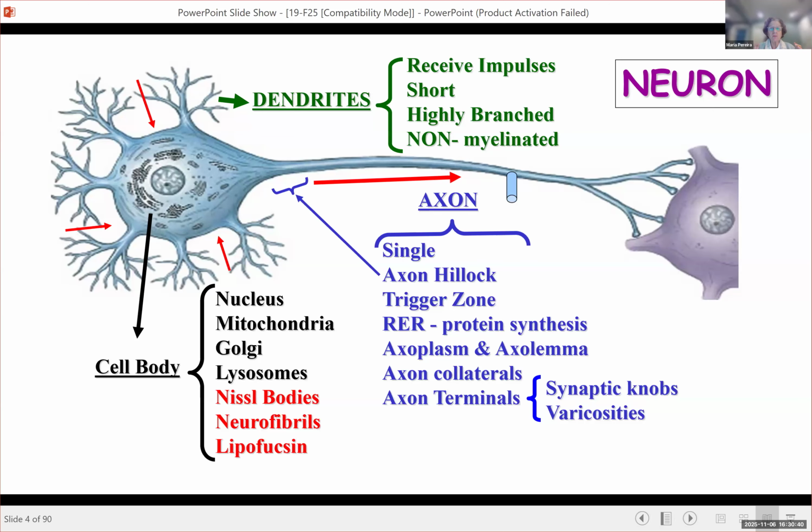So the changes have to be strong enough to trigger a change in the voltage in the neuron from minus 70 to minus 55. Until it reaches minus 55, it will not be converted to an action potential and travel down the axon. So minus 55 is the threshold that is required for the action potential to travel down the axon.